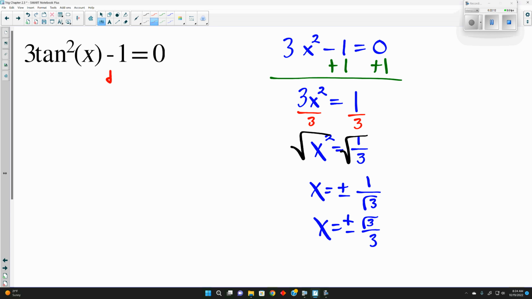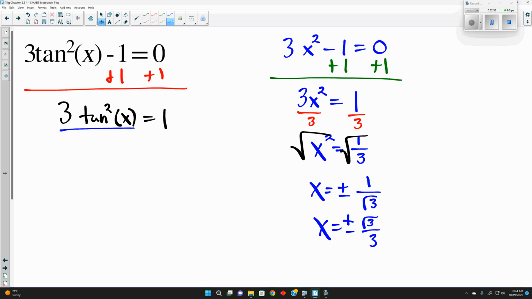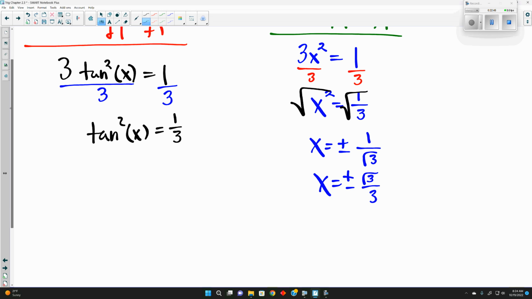We would add 1 to both sides, telling us that 3 tangent squared of x is equal to 1. Then we would divide both sides by 3, telling us that tangent squared of x is equal to 1/3.